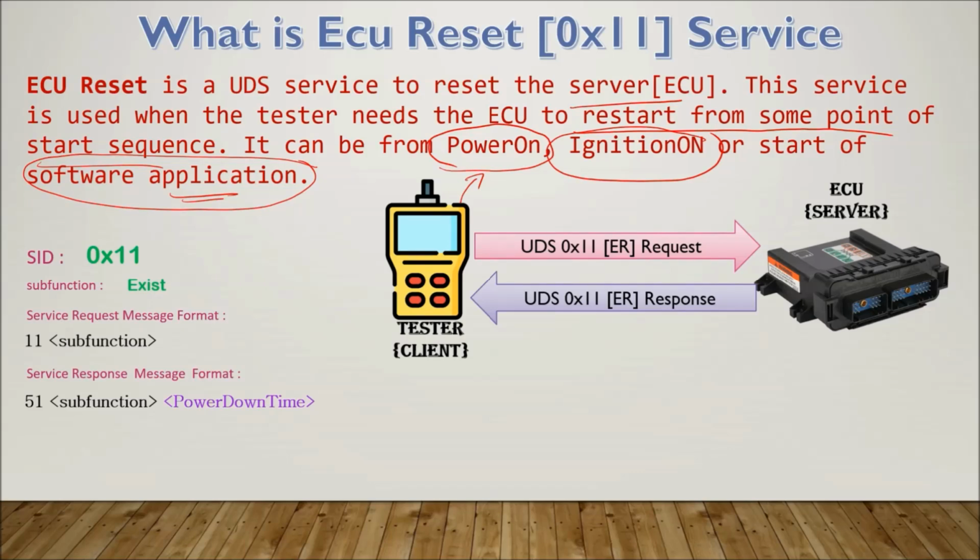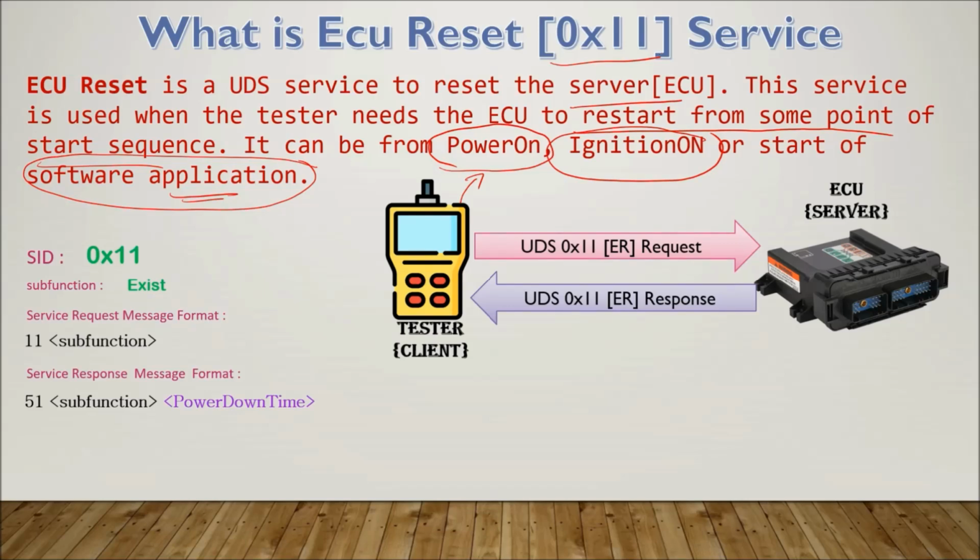When you say the ECU will have to be restarted, it can be from different points of time. So the tester can request the ECU to restart its processing, and from what point of time it wants to restart, that it can also request as a part of this service.